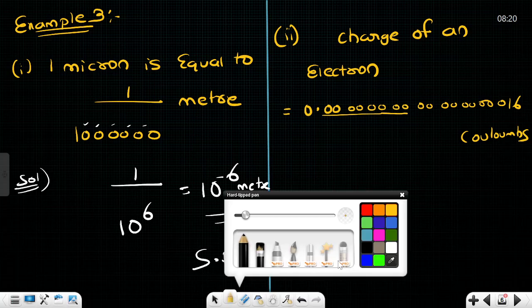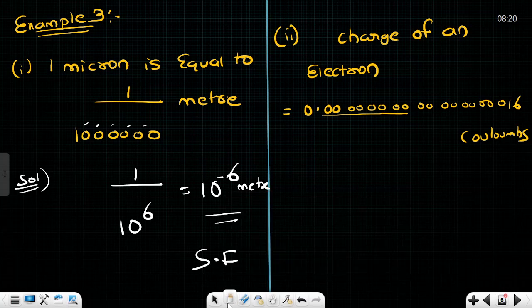So charge of an electron is given as like this. Don't fear by seeing the terminology. What is charge of electron? You might not be knowing it. Fine. Your job is to convert this number into scientific notation and write it as your answer. You need not know what is charge of electron.